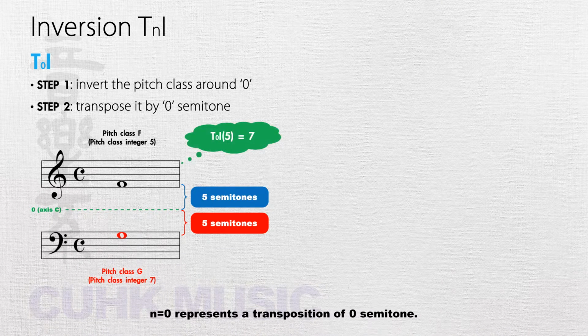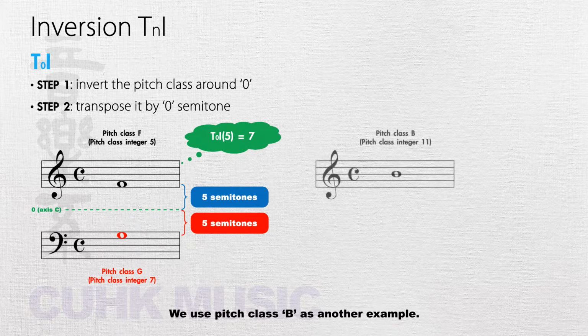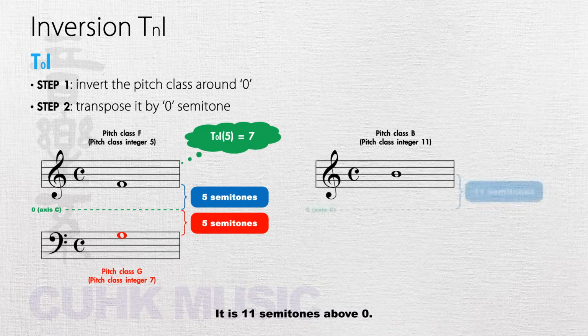n equals 0 represents a transposition of 0 semitone. As a result, inversion of pitch class F through T0I gives the pitch class G and can be denoted as T0I5 equals 7. We use pitch class B as another example. It is 11 semitones above 0.